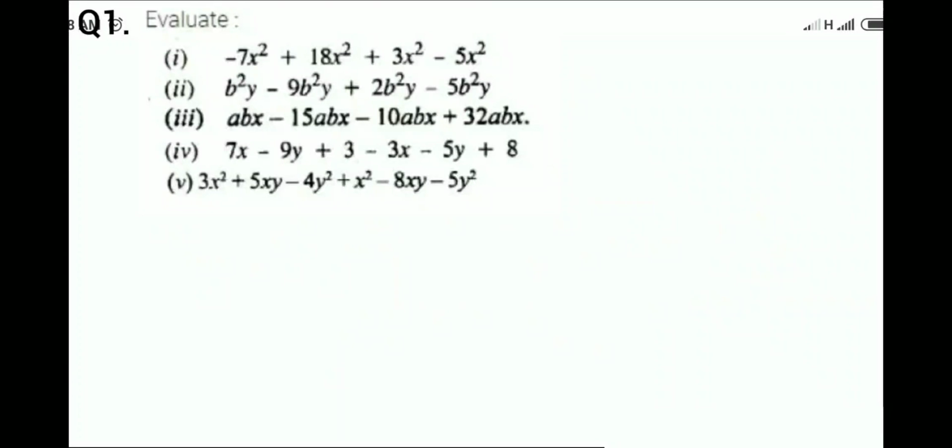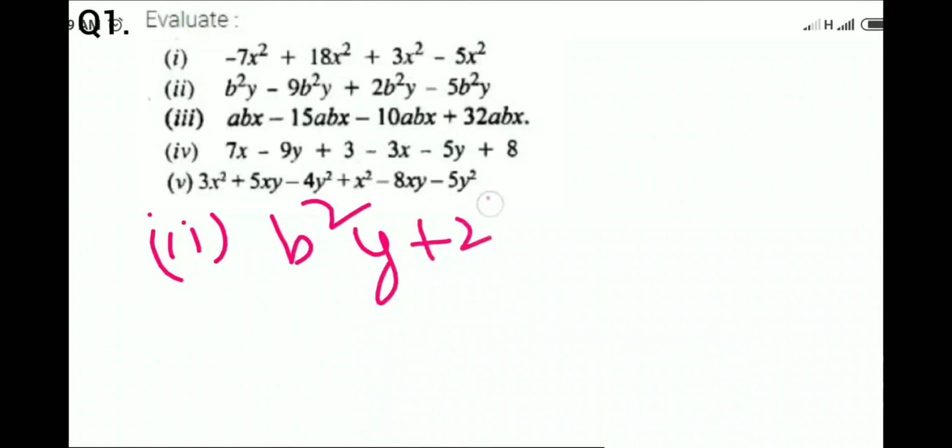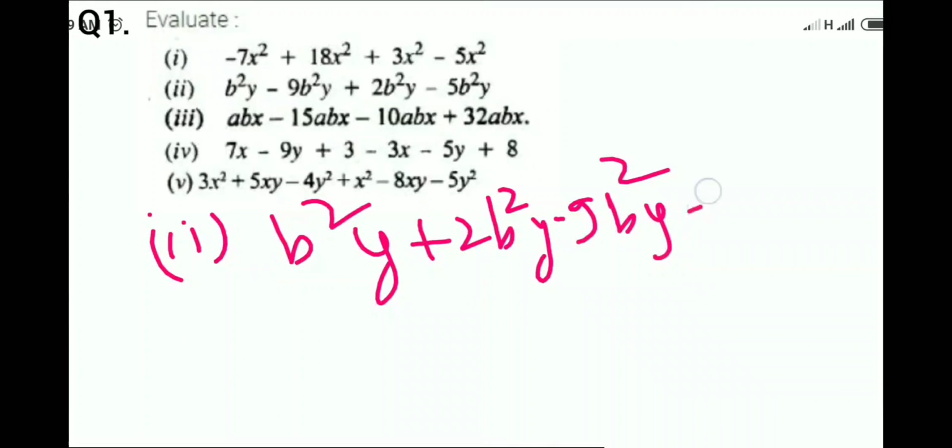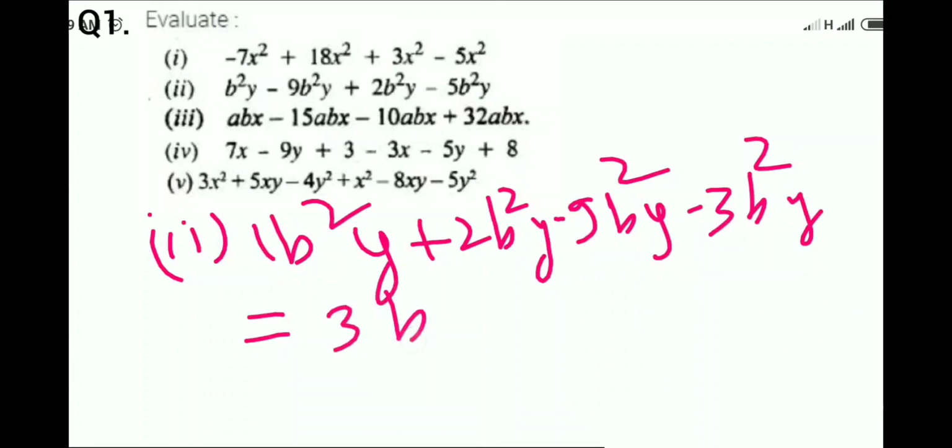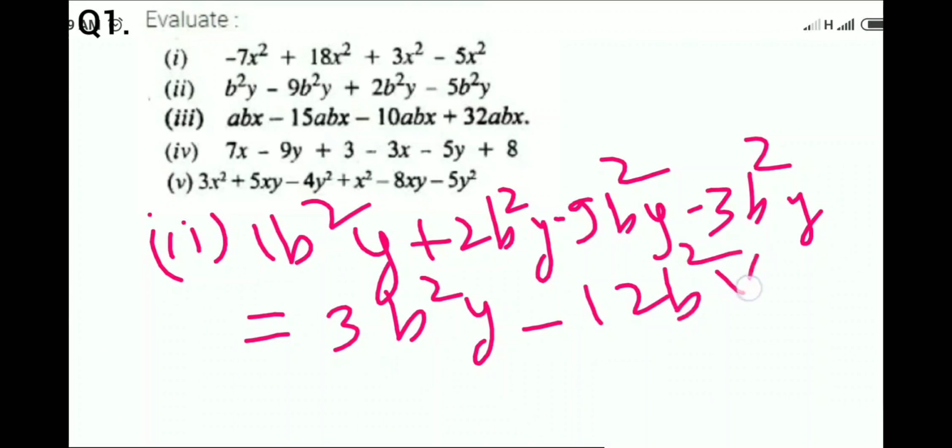Therefore, number 2, b square y plus 2b square y minus 9b square y minus 3b square y, which is equal to, this is 2 and this is 1, therefore 3b square y, minus 9 plus 3, 12b square y.